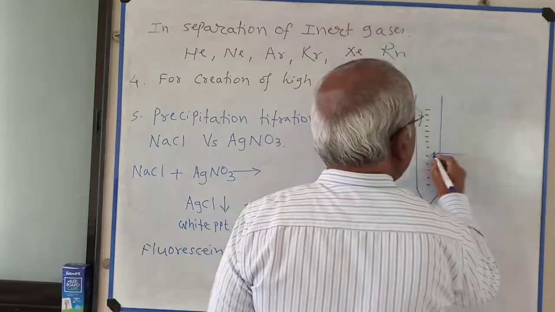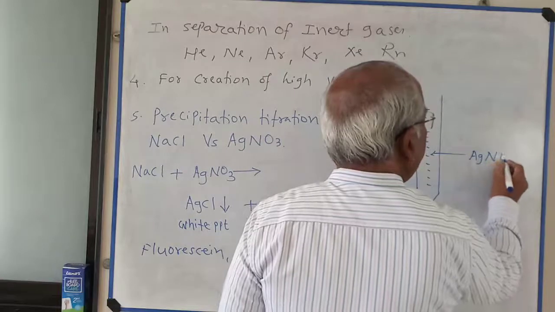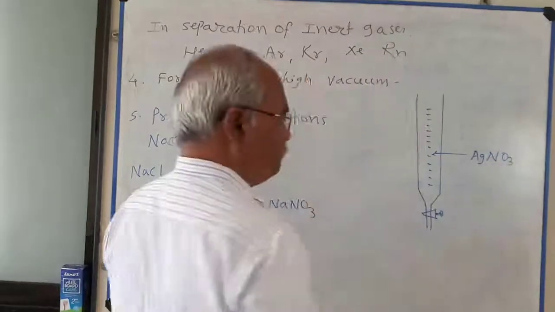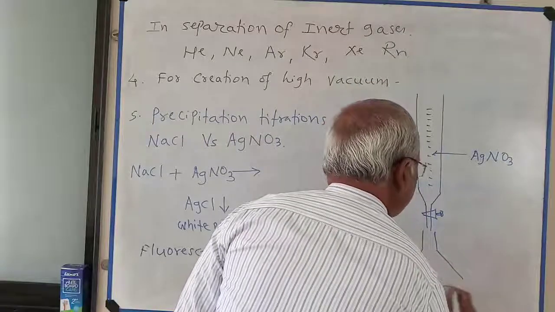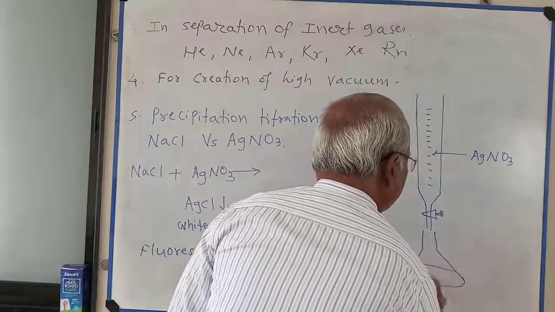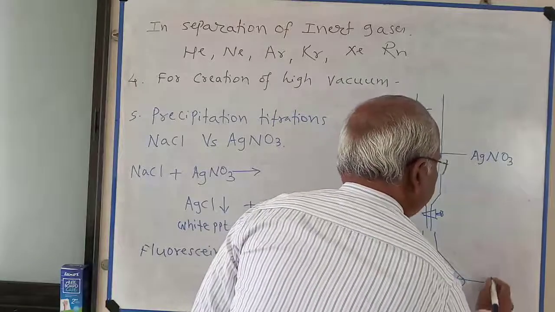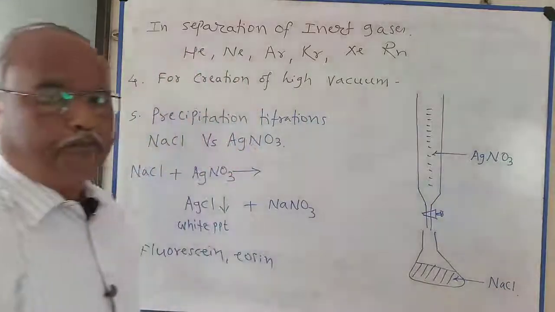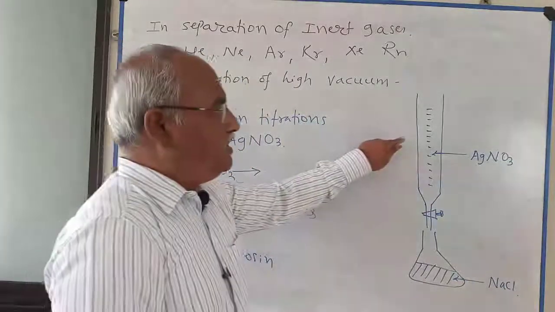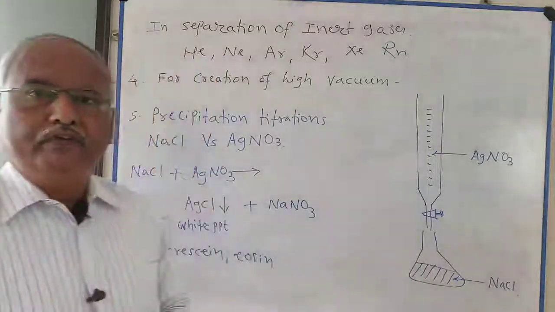In this burette, silver nitrate solution is taken. This is conical flask. In this conical flask, NaCl solution is taken. Silver nitrate is added dropwise.